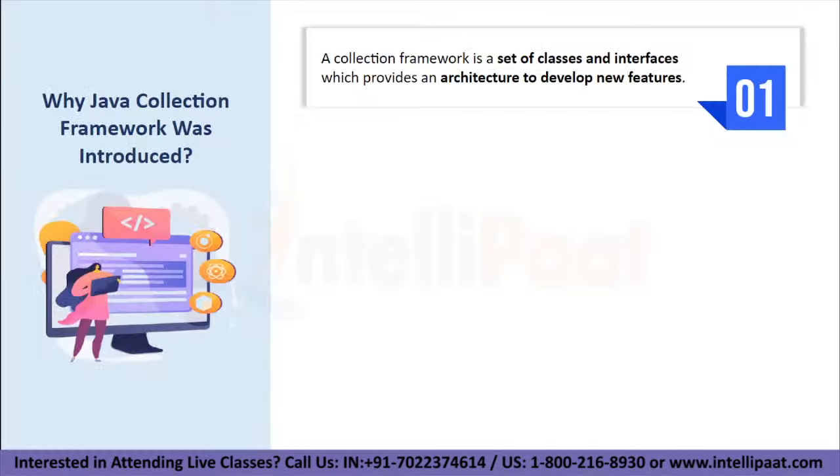A collection framework is a set of classes and interfaces which provides a ready-made architecture to develop new features and perform operations on them. However, the question that arises is, why define a framework for implementing a new feature or a class? There is no such requirement for that, right?